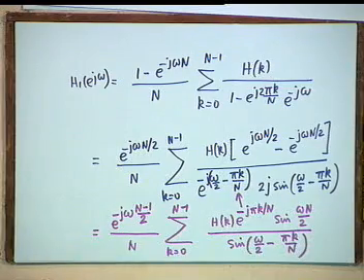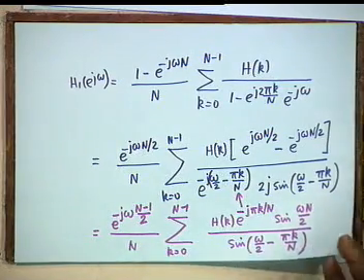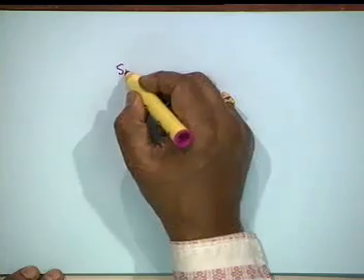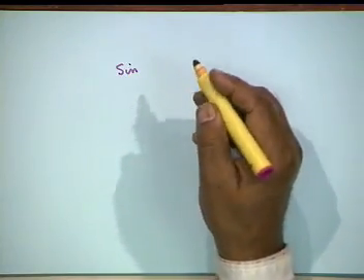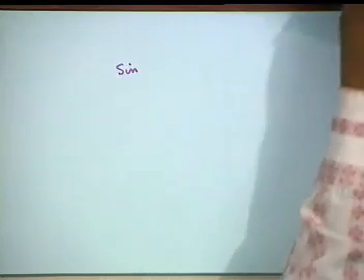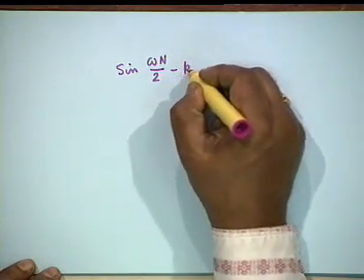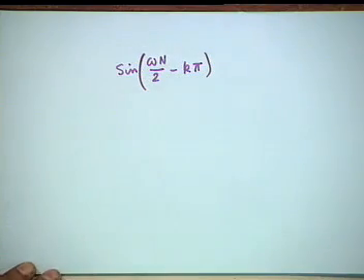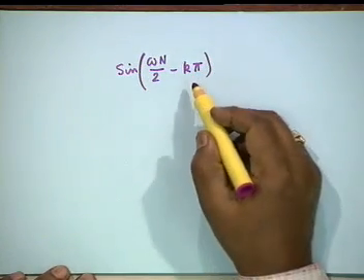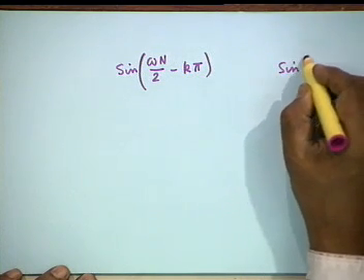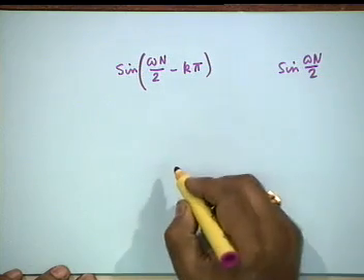Now, this expression can be put in a more elegant form by noticing that if you write sine of omega N by 2 minus k pi, when k is 0, this is equal to sine of omega N by 2.